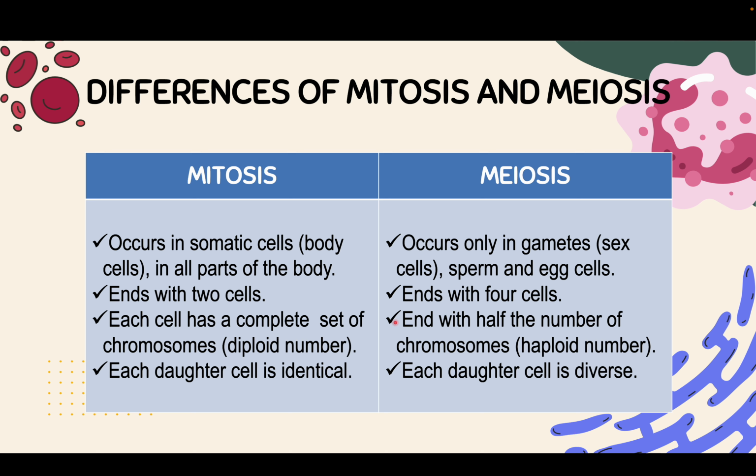In terms of genetic identity, the daughter cells in mitosis are genetically similar to the parent cell, while for meiosis the daughter cells are genetically unique. They do not have the same genetic makeup as the parent or as one another. Okay?